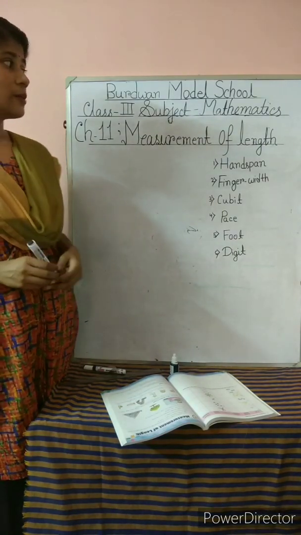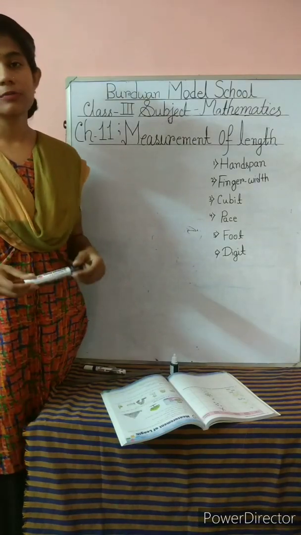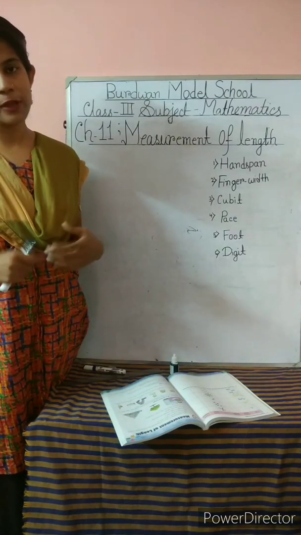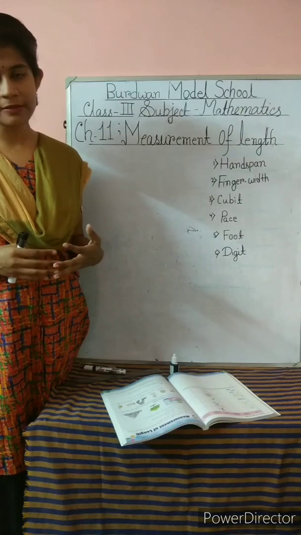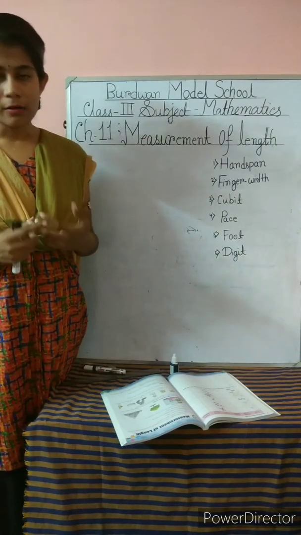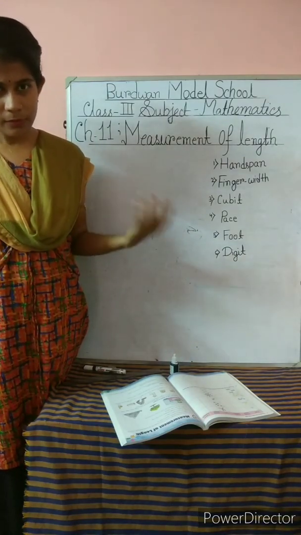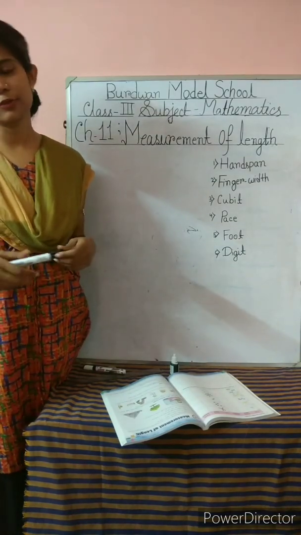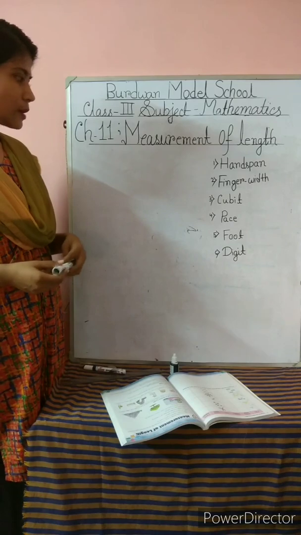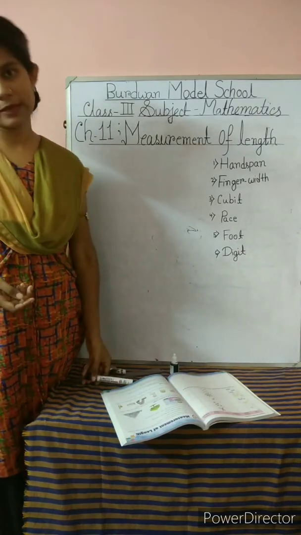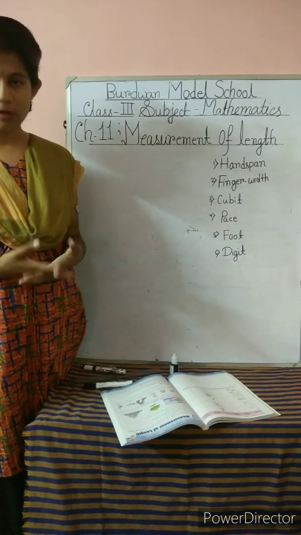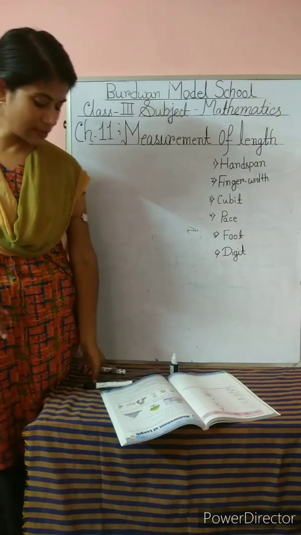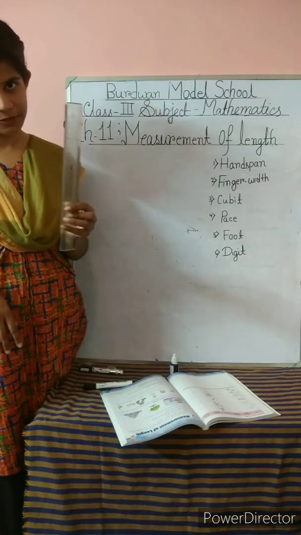Now measurement of length means what? That when we want to measure the length of anything, whatever we are seeing in our day-to-day life. Nowadays we have so many things for measuring length. See, the first is your ruler, this one.